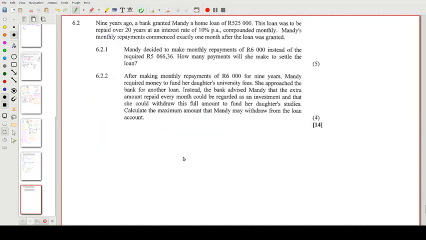Right, next question. Now this question 6.2, this is where the new work in essence comes in. This is the future value and present value calculations. So let's just write down those formulas before we start.